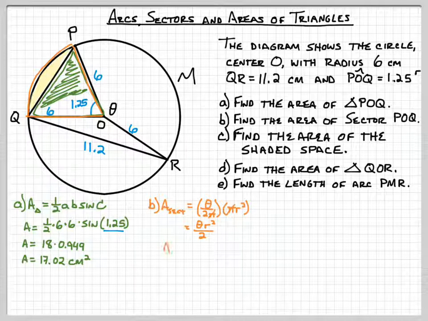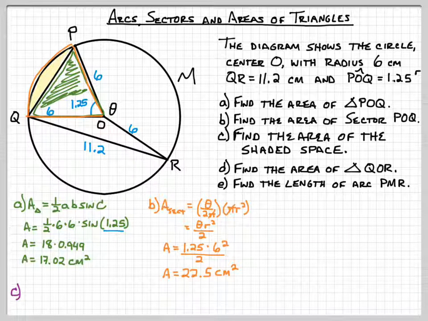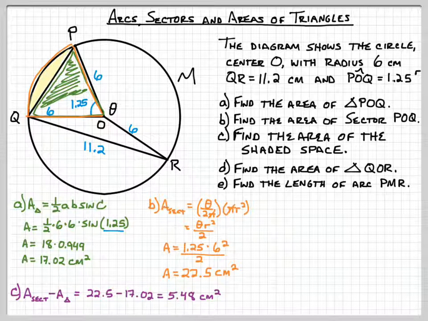Applying it back, the area is 1.25 times 6 squared, our radius squared, divided by 2, and we get 22.5 centimeters squared. For the last piece, letter C, we find the area of the shaded space, which is the area of the sector minus the area of the triangle. So 22.5 minus 17.02 gives 5.48 centimeters squared.